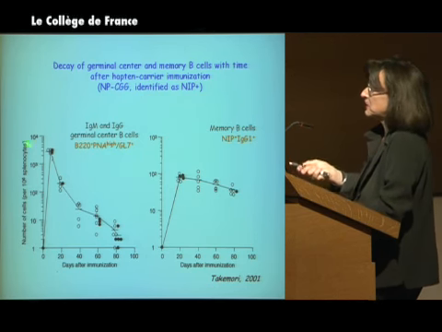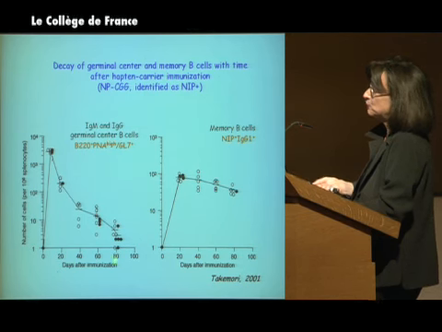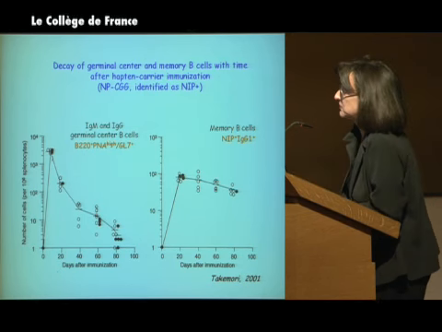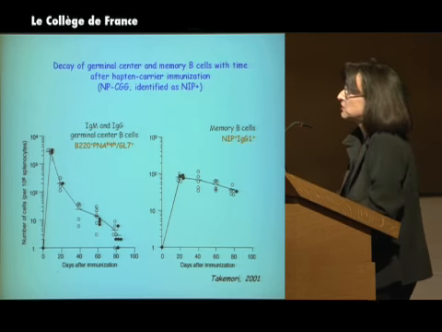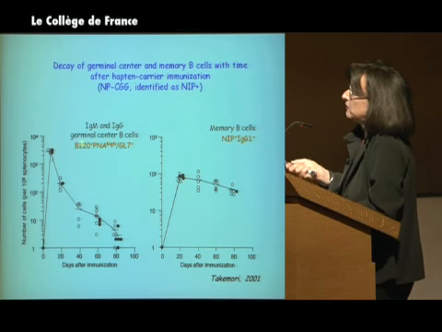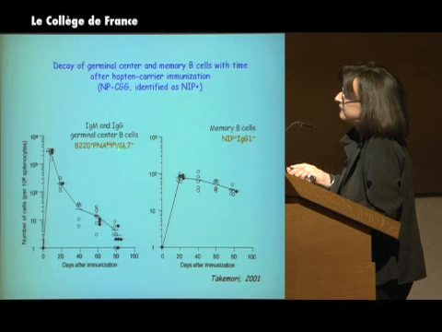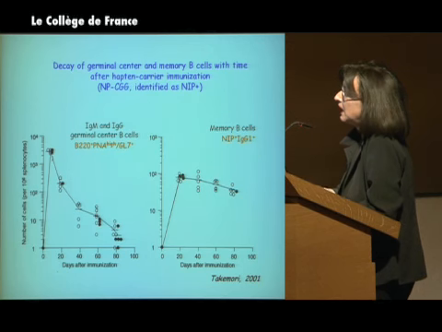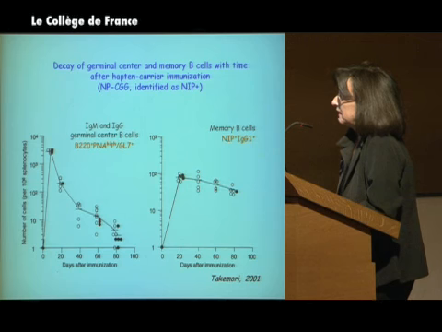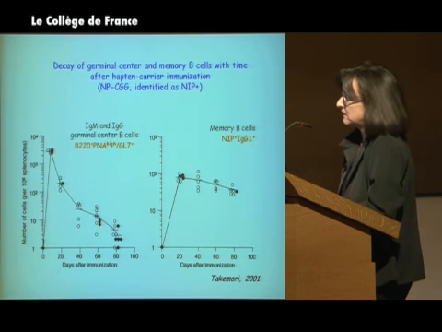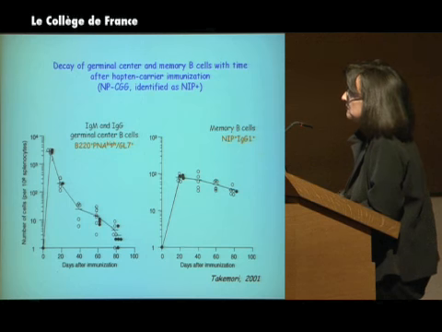You see that the number of cells involved in the germinal center reaction, characterized by two equivalent markers, either GL7 or PNA, drops rather drastically. After 3 months, there are only a few hundred cells that remain in the mouse.